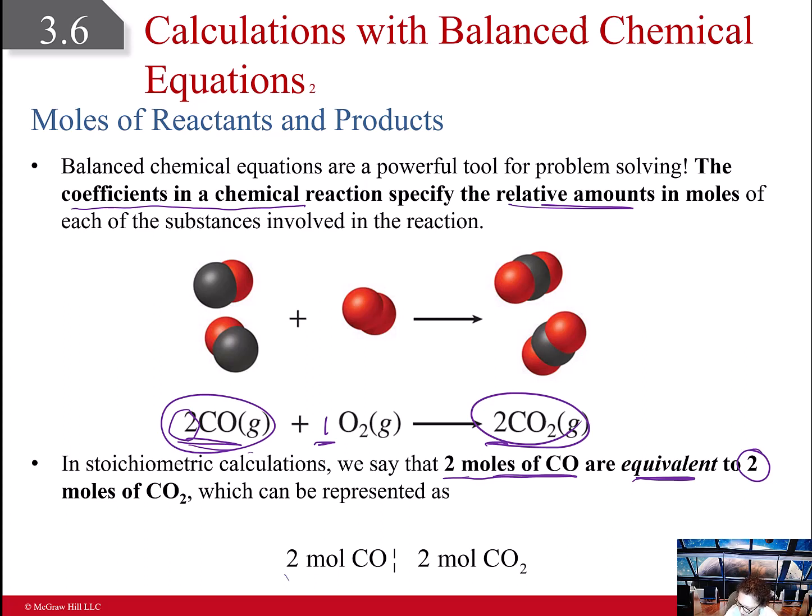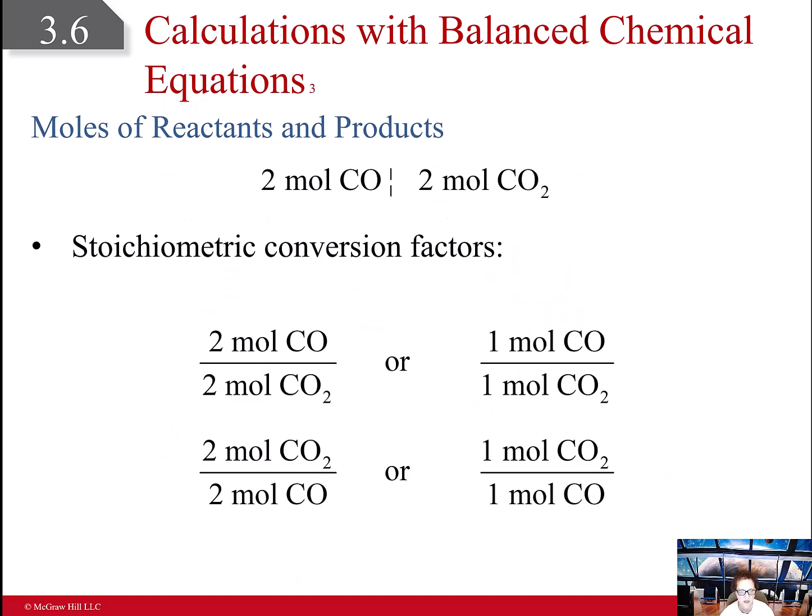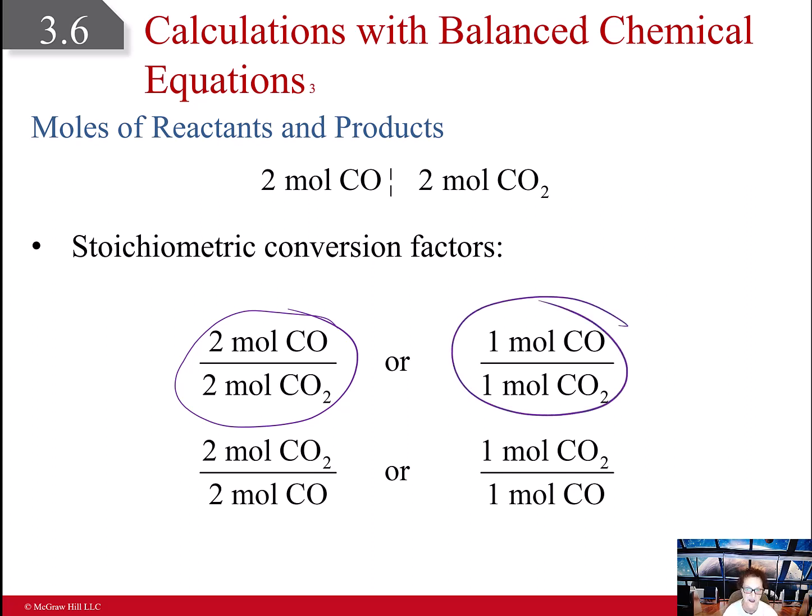So the 2 moles of CO is equivalent to the CO2 in this case. Since remember that conversion factors are equivalent, that means that we can have 2 moles of CO over 2 moles of CO2, or we can even reduce that, 1 mole of CO to 1 mole of CO2.